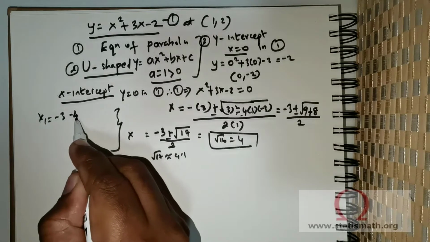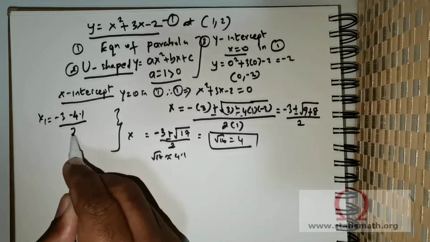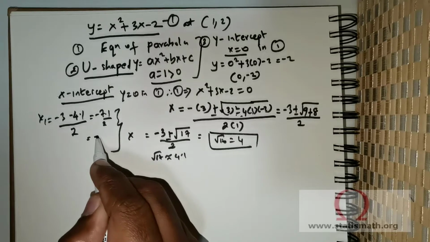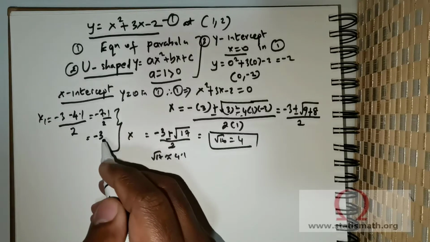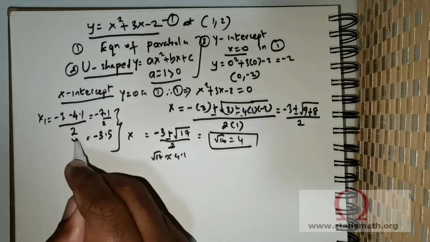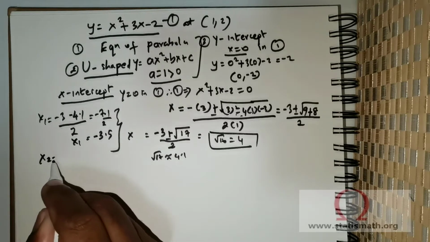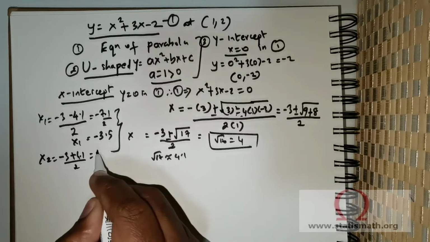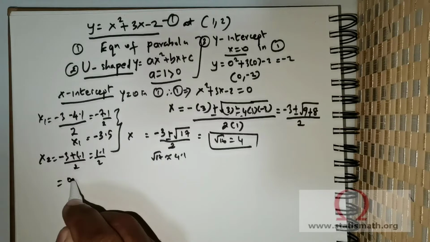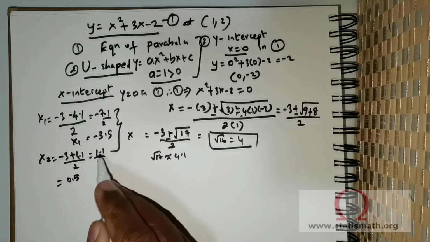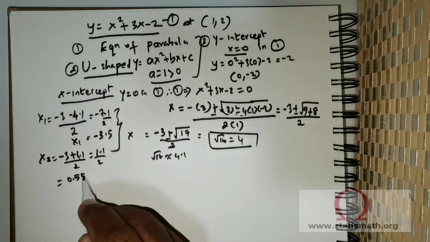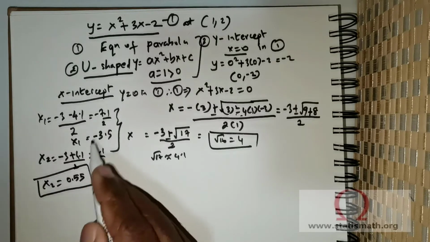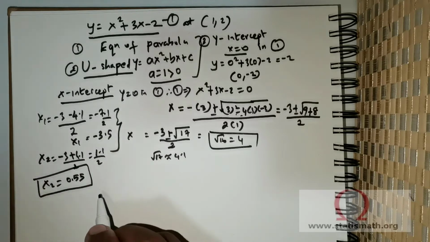I would have −7.1 divided by 2, which is approximately −3.5, one root. The next root would be (−3 + 4.1) / 2, that's 1.1 divided by 2, which is approximately 0.55. So there are 2 roots we have got, 0.55 and −3.5.